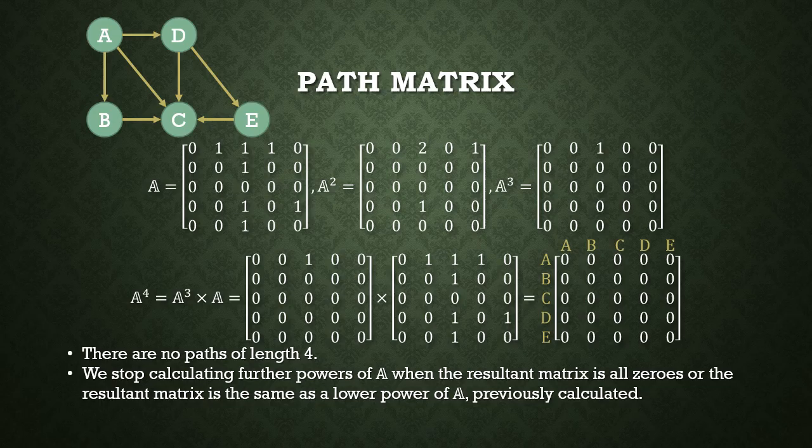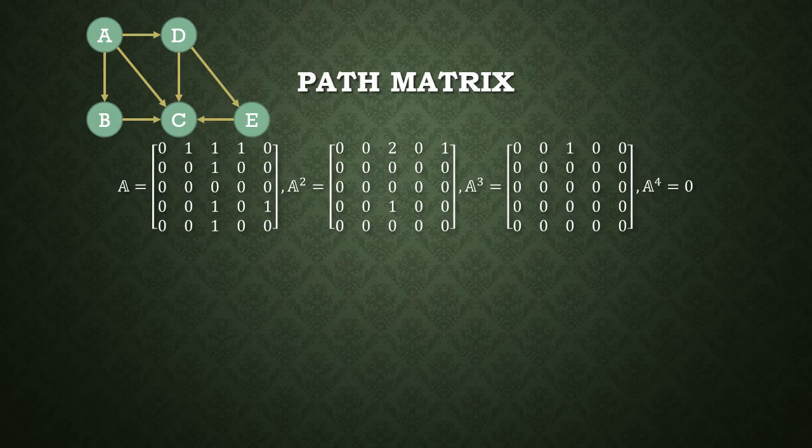You've already had this matrix in a lower power. So now I have these 4 matrices, and since A raised to the power 4 is 0, I can judge from this that A raised to the power 5 will also be 0.